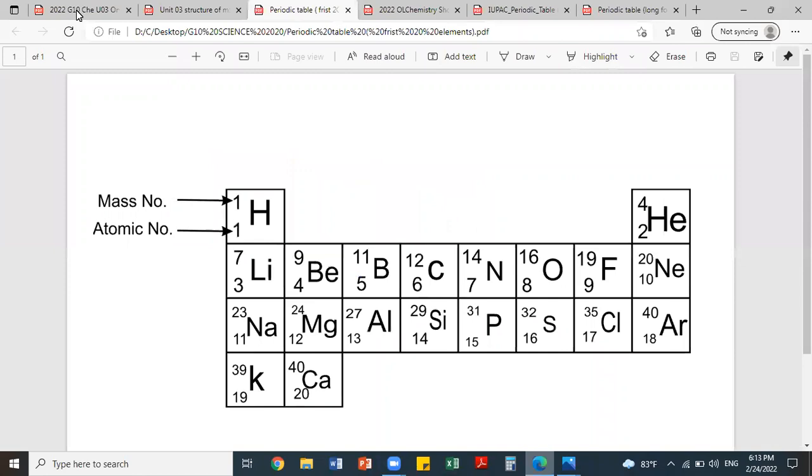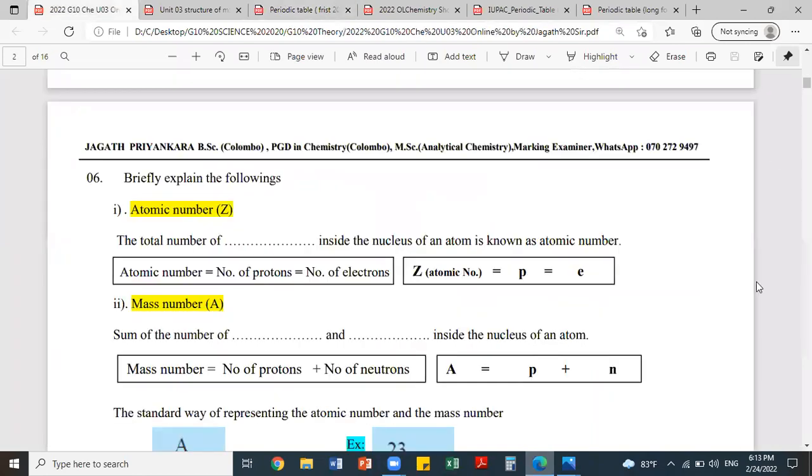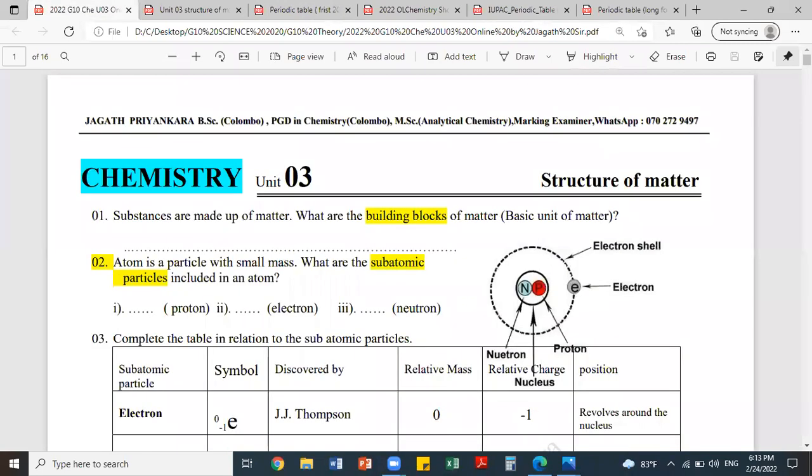So last week we discussed until this first page. I just started the chemistry, atomic structure of matter, chapter 3, unit 3 chemistry, and about the subatomic particles.